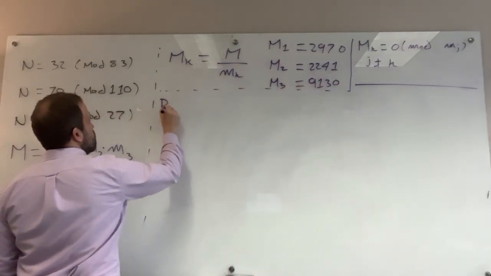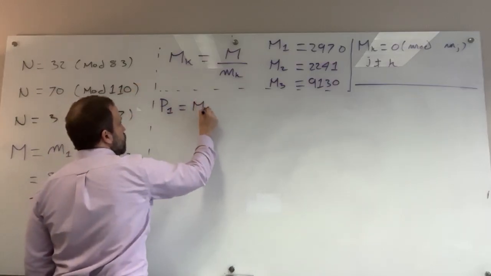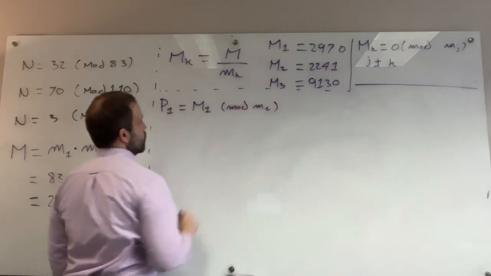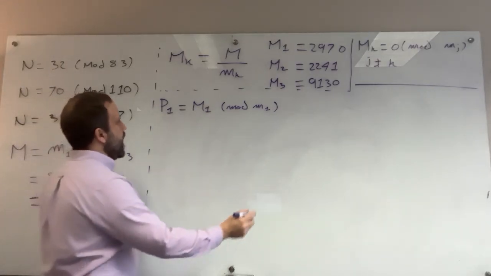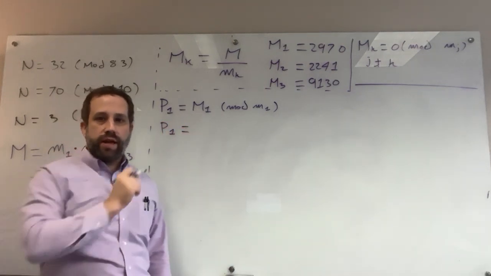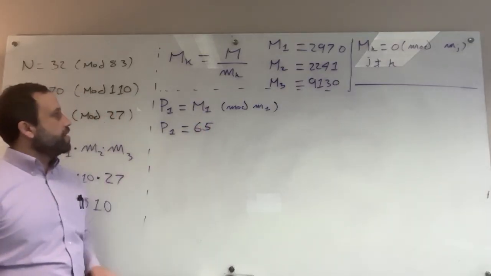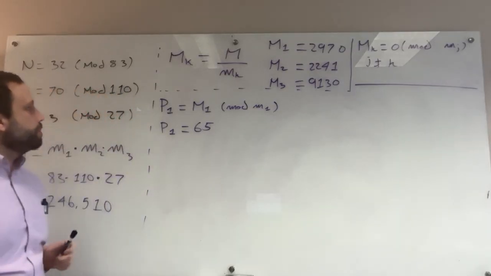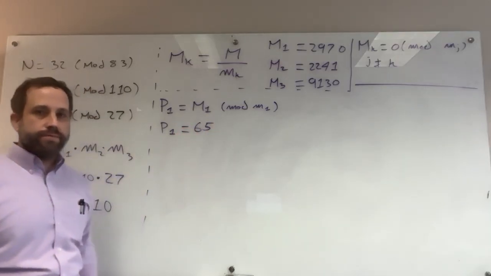P1 is going to be equal to the smallest integer congruent to M1 mod little m1. Obviously, M1 itself satisfies this congruence, but I want the smallest one. Here P1 is going to be equal to 65. In other words, 65 is the remainder of big M1 after we divide it by little m1.